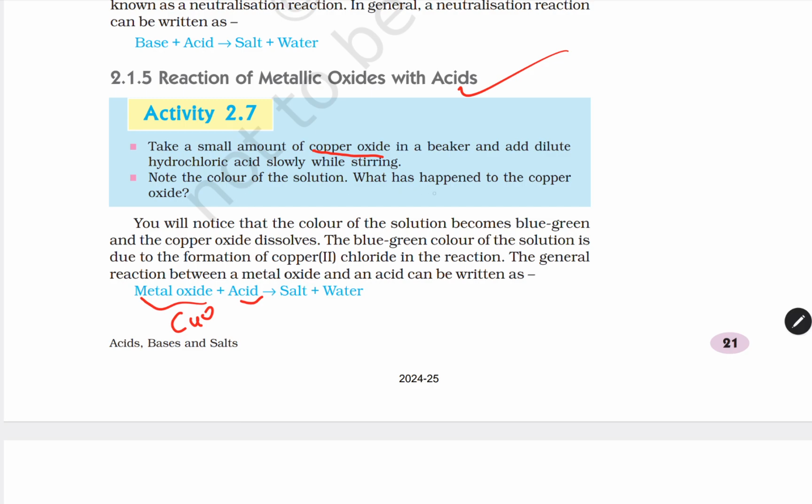Note the color of the solution, and what has happened to the copper oxide. If we do this experiment, we can observe that salt, copper chloride, is generated, and we can observe water. So whenever a metal oxide reacts with an acid, salt and water are released.